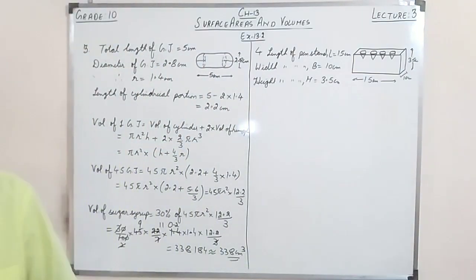What else? Now the dimensions of the 4 cones, which are formed, 4 conical depressions, are also given.